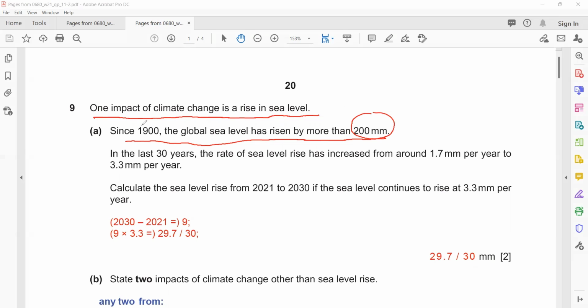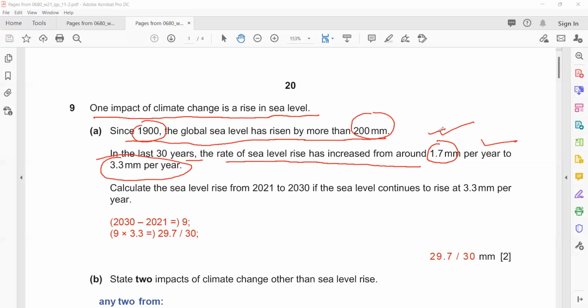In the last 30 years, the rate of sea level rise has increased from 1.7 millimeter per year to 3.3 millimeter per year. Before, 30 years ago, it was increasing 1.7 every year.